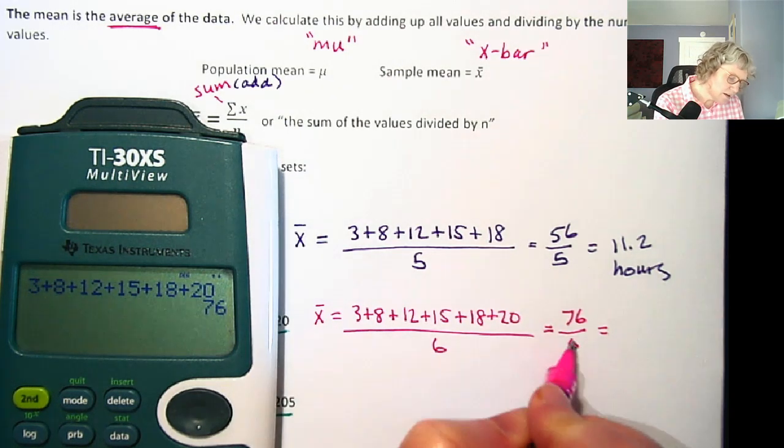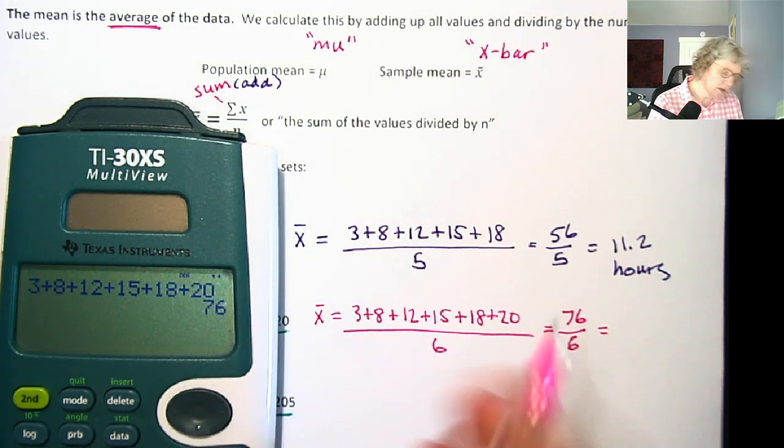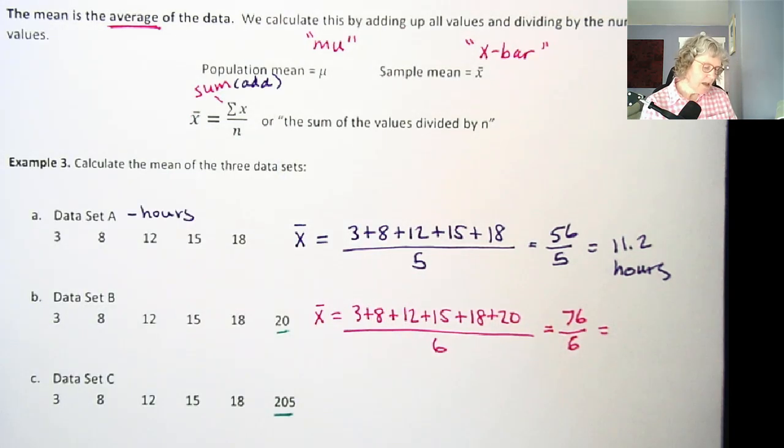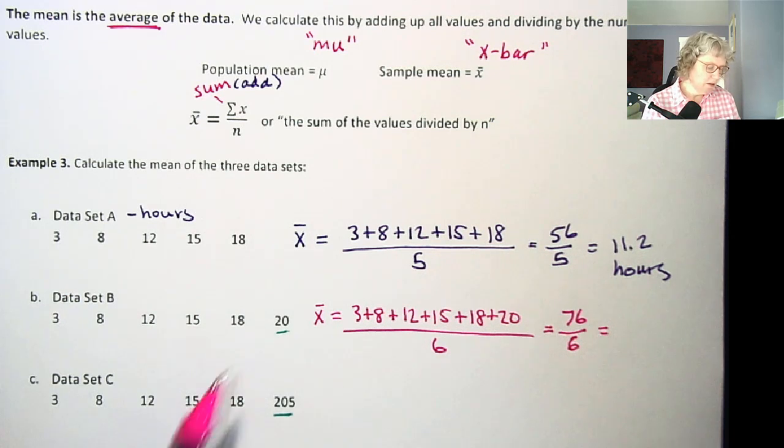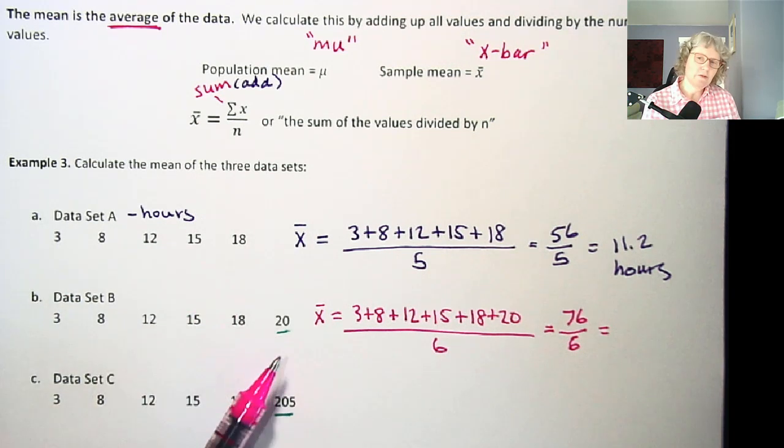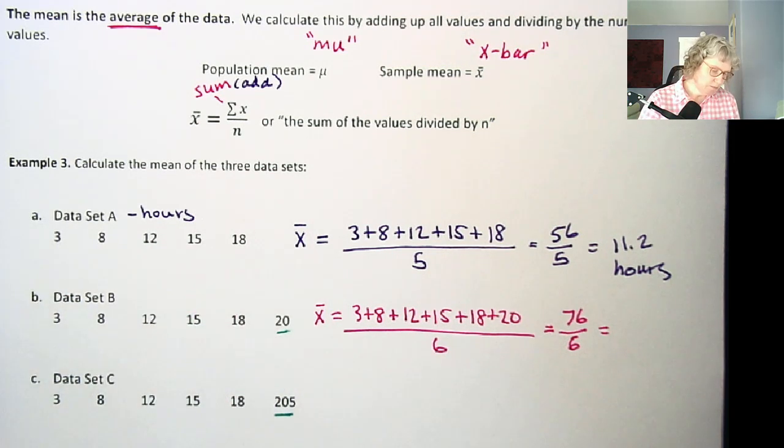Okay, how would you expect this to come out? If we're talking about the middle and we added another number that's higher, our average should go up, right? We've got someone who's watched 20 hours of TV this week, so that should pull the average up.